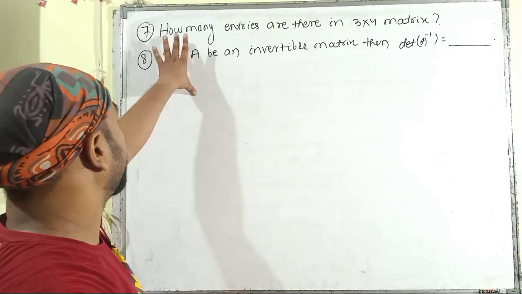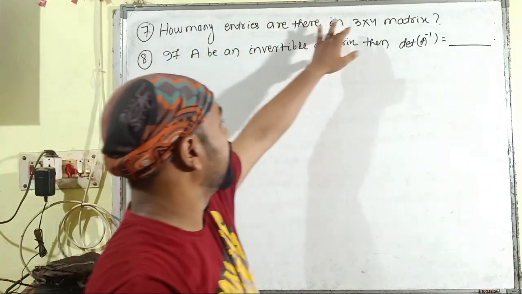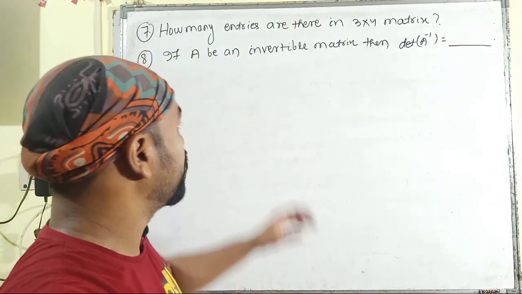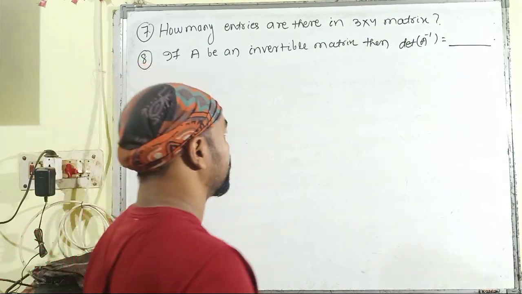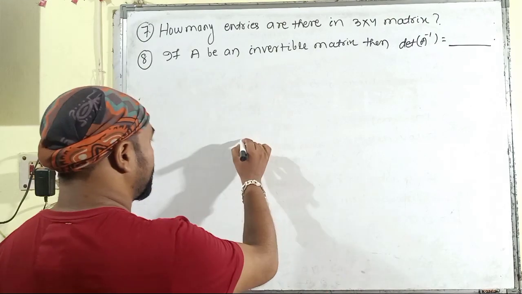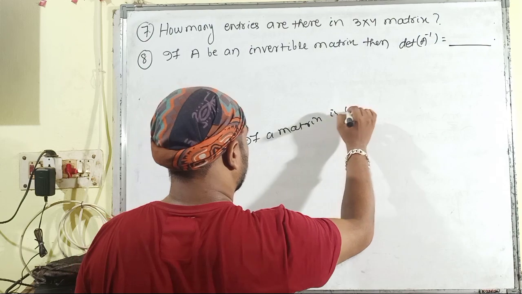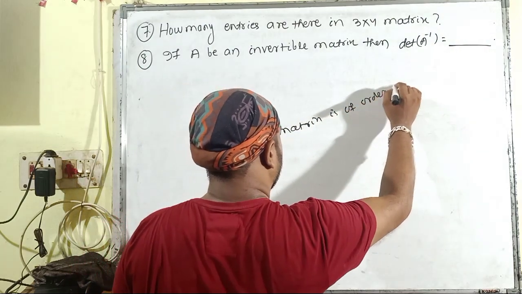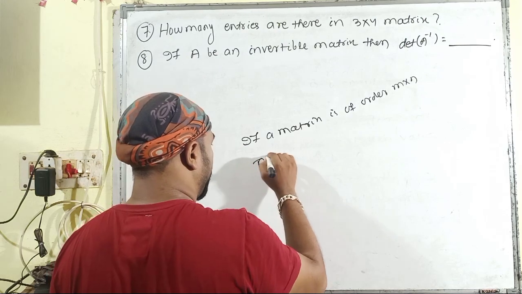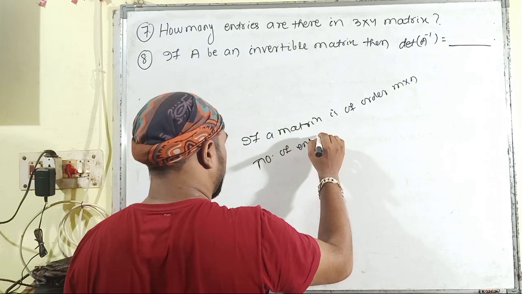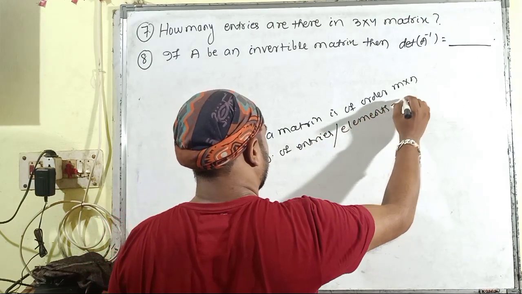So here it is the problem number 7, and it has been asked to find out how many entries are there in a 3x4 matrix. That means we have to find out the total number of elements present in a 3x4 matrix. We know that if a matrix is of order m cross n, then the number of entries or elements is equal to mn.